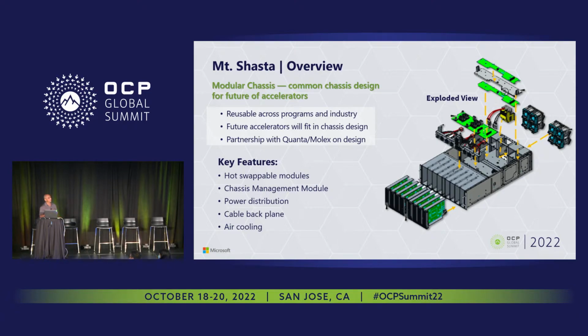Some of the features we focused on while designing are modularity, which supports hot swap, then how we distribute the power, signal connectivity, and air cooling. This design was done with air cooling in mind. Our study shows we can cool something like 4,000 watts in this 4OU chassis, and at the device level, we can cool up to around 700 watts in certain configurations, depending on the die size, hot spots on the die, thermal attachment, and things like that.